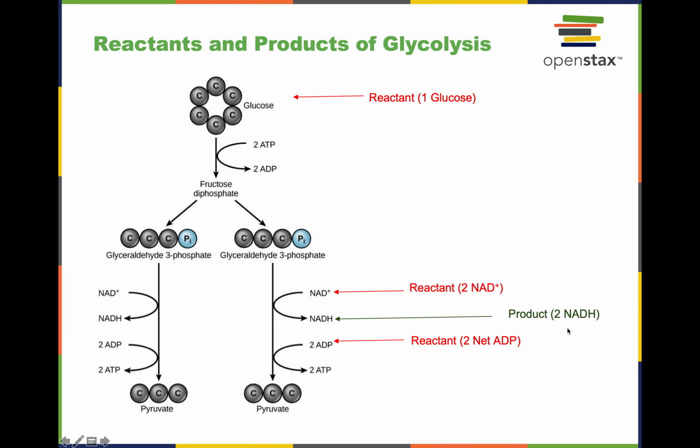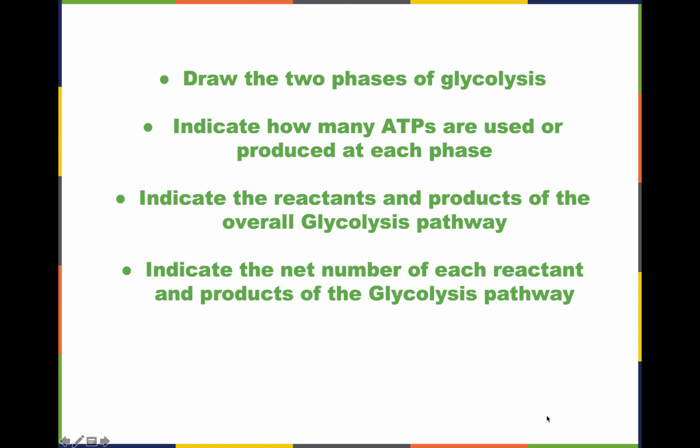We get 2 NADH, and we get 2 net ATP as a product, and also we get 2 pyruvate. Okay, so for the glycolysis pathway, as an overall process, the reactants are glucose, NAD plus, and ADP. And then the products are NADH, ATP, and pyruvate.